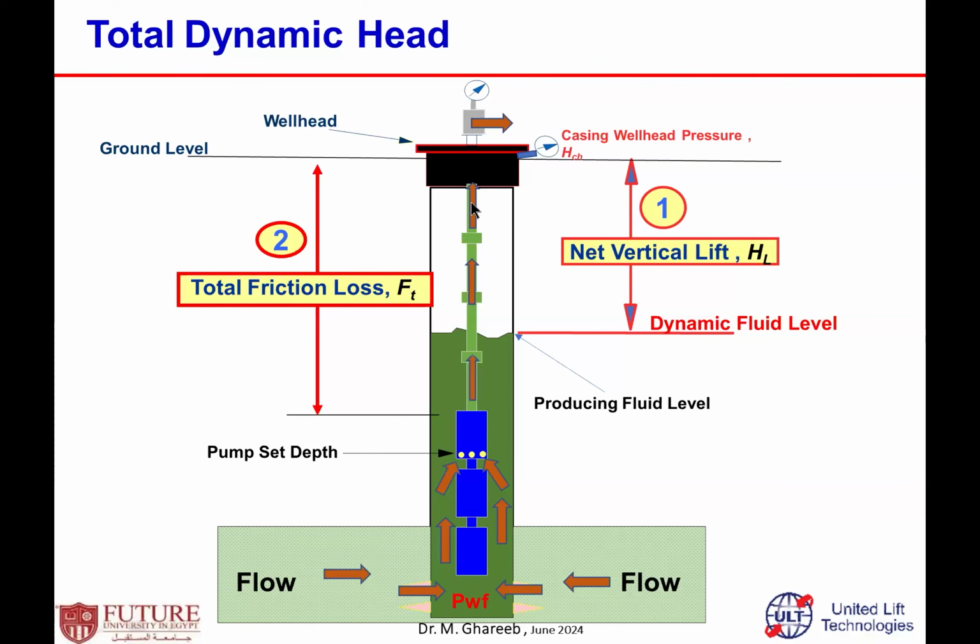Then I have the net vertical lift plus the pressure loss, plus what else? Plus the wellhead pressure. This is item number 3. Then the total dynamic head is the net vertical lift plus the pressure loss plus the wellhead pressure.